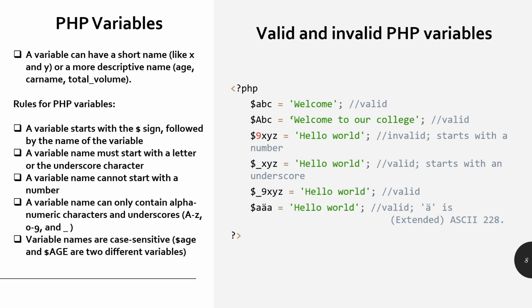Third one is not valid because the first character is not a letter. Underscore is allowed. Fourth one is also allowed. Fifth one, yeah, that is an extended ASCII value, so that is also allowed. Okay, this is about variables.